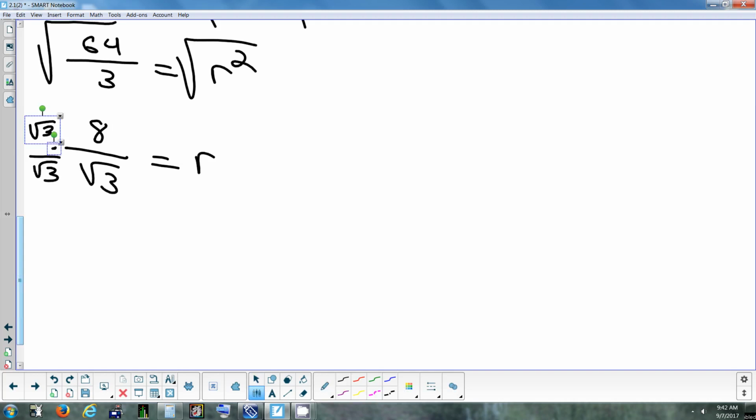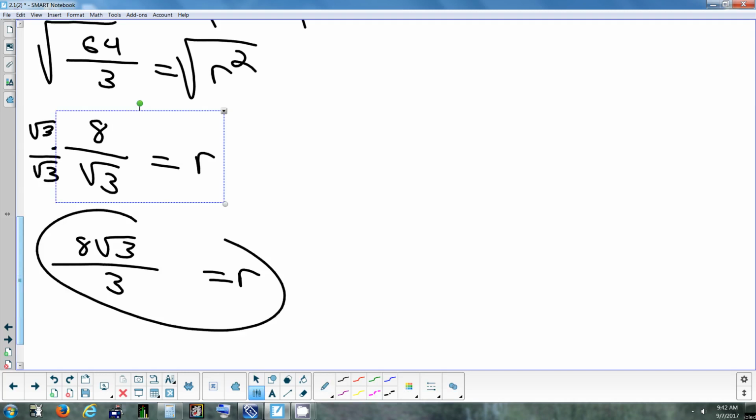That's how you fix a square root in the bottom. So in the top, there's not really much you can do. You just have the square root of 3 times 8. But now in the bottom, what's the square root of 3 times the square root of 3? 3. It's the square root of 9, or 3. And that is how you would see the answer written.